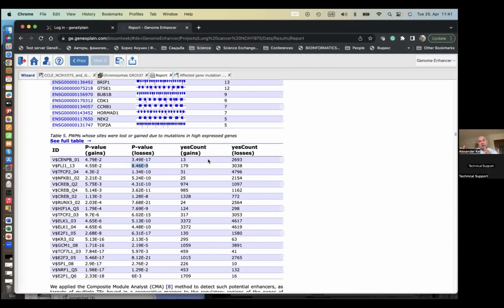But in fact, it's more complicated, which we observed very often. For instance, I studied resistance of tumor cells towards a drug, a particular drug which has a very important target. And I see a mutation in that target itself, which can change the binding of the drug to that protein. But I also see mutations in the promoter of the gene which encodes that target.